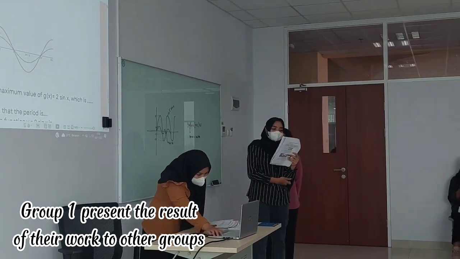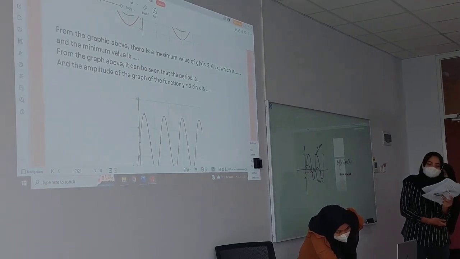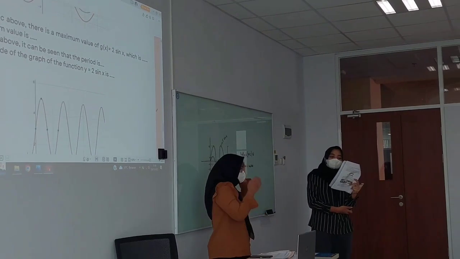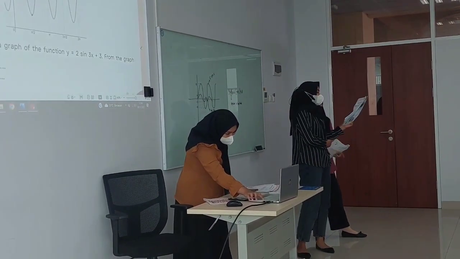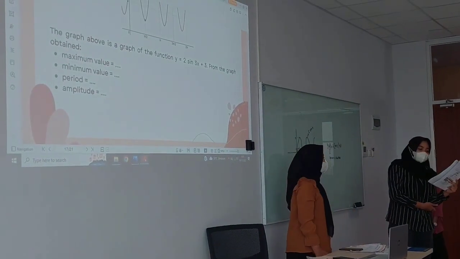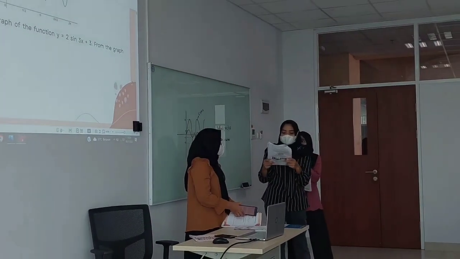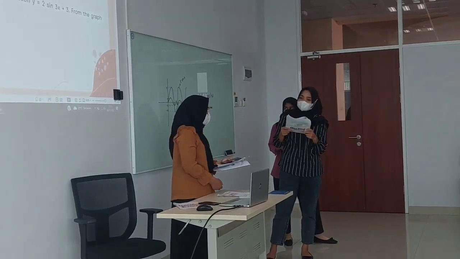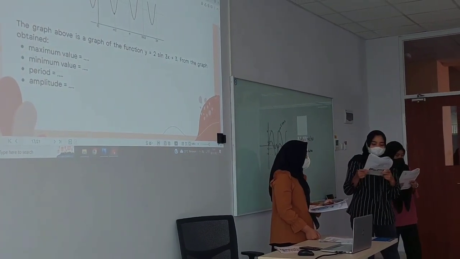And next, from the graph above, it can be seen that the period is 2π and the amplitude of the graph of the function y equals 2 sin x is 2. And the next graph, the graph above, is the graph of the function y equals 2 sin 3x. From the graph image, the maximum value equals 5 and the minimum value equals 1, and the period is 2π over 3.